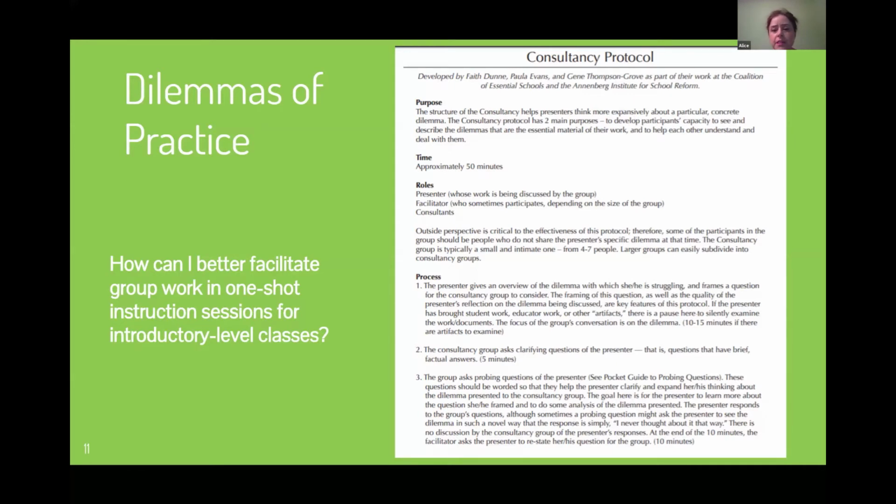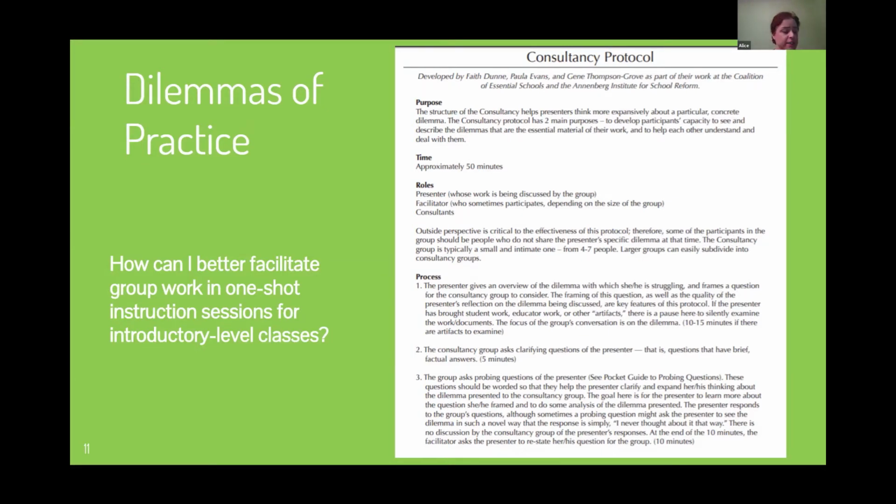Then the participants have a chance to ask clarifying questions of the presenter, questions that elicit brief factual answers, and the purpose is to give the participants a better understanding of the presenter's dilemma.